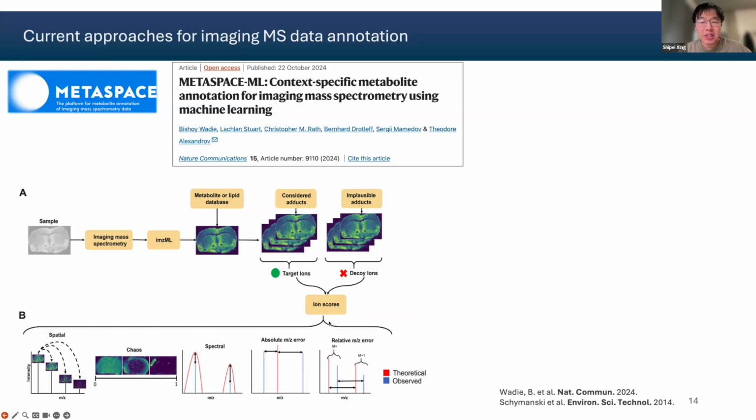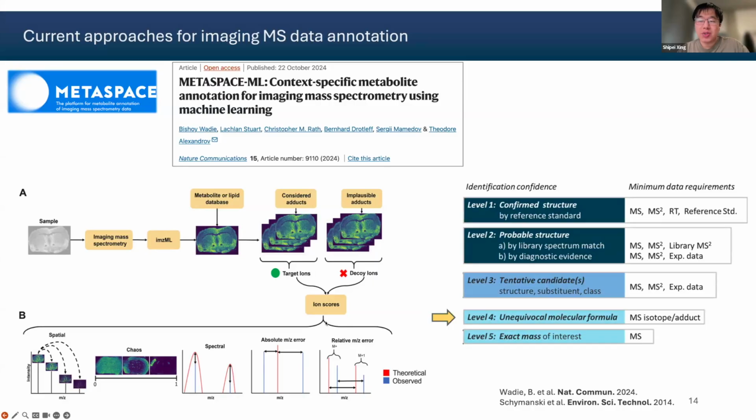However, it should be noted that all these approaches are level 4 annotations, which means they are essentially annotations of molecular formula. Then we would have to go to chemical databases such as HMDB, LIPID MAPS, ChEMBL or PubChem to retrieve structure candidates.